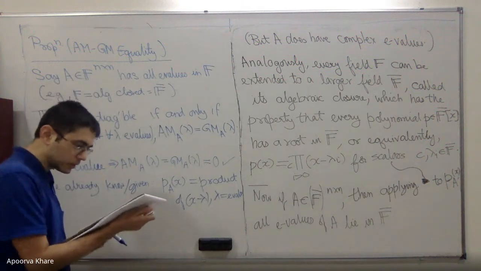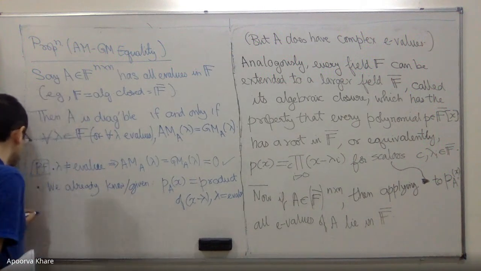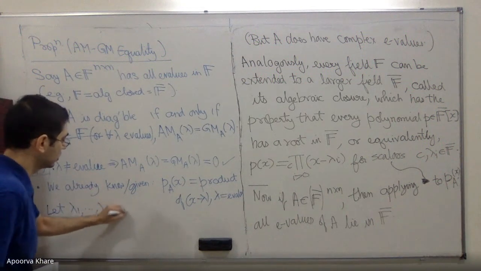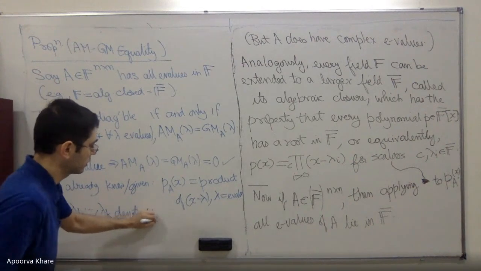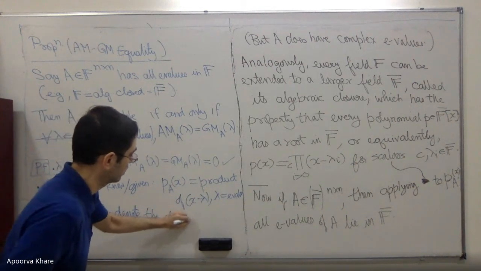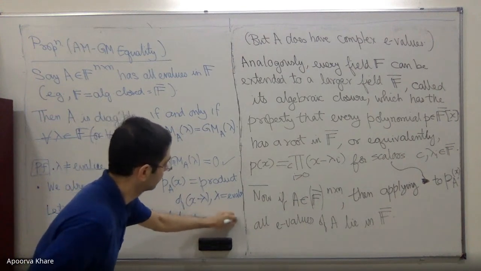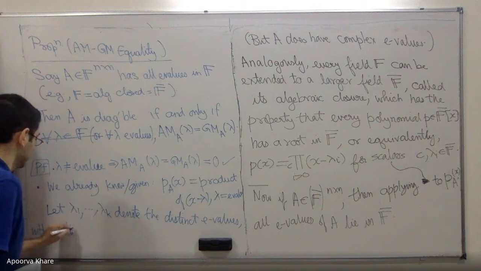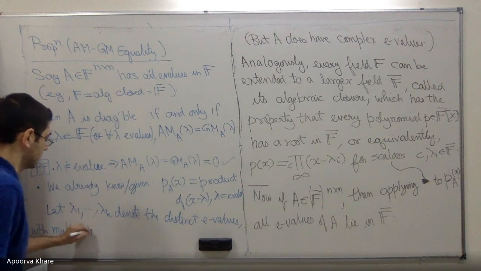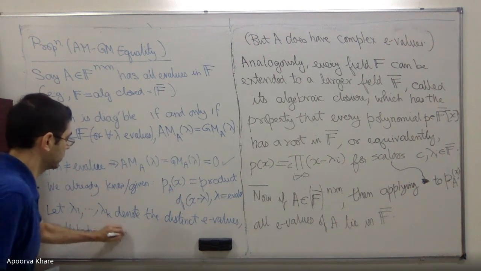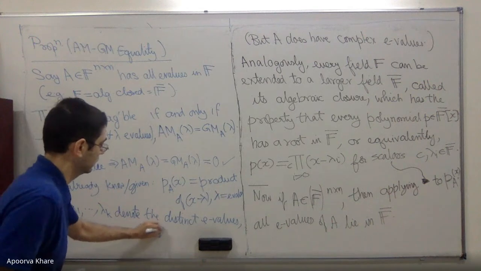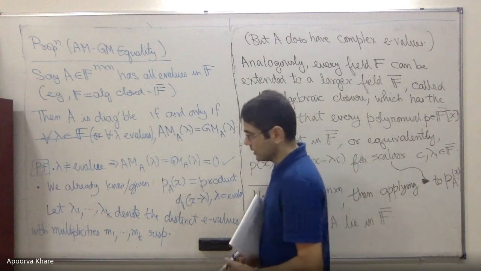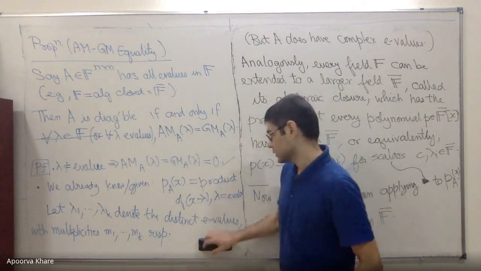So let lambda 1, lambda 2, ..., lambda k denote the distinct eigenvalues, with multiplicity, meaning algebraic multiplicity, m1, m2, ..., mk respectively. Therefore m1 plus m2 plus ... plus mk equals n. Okay, great. So now let's continue.